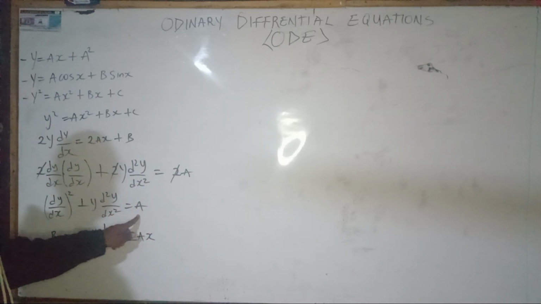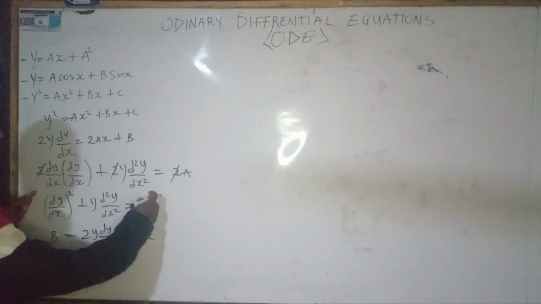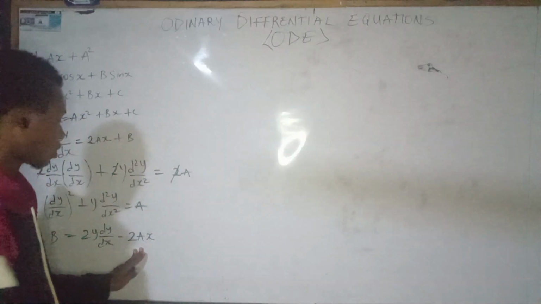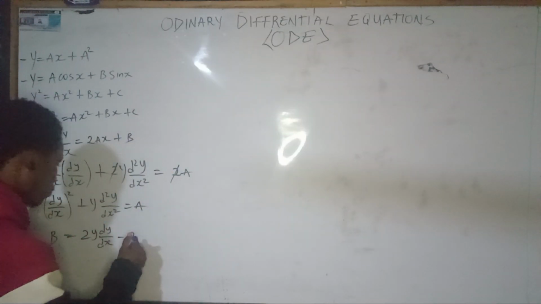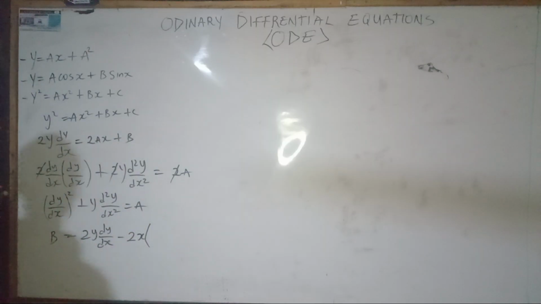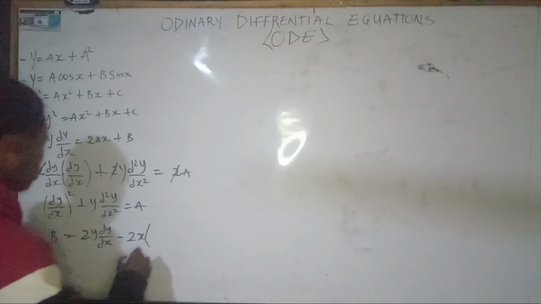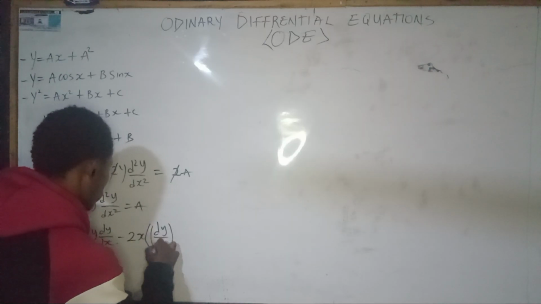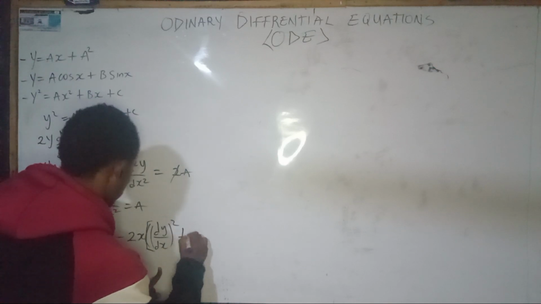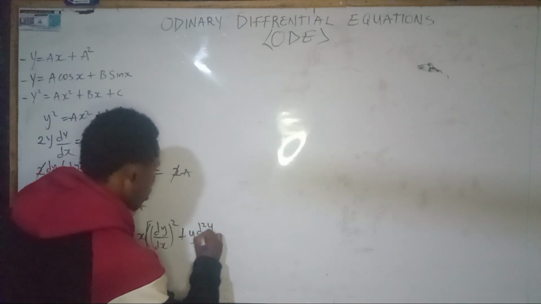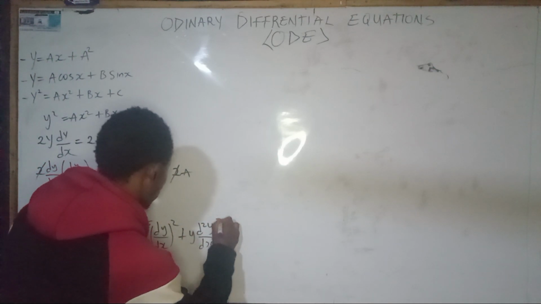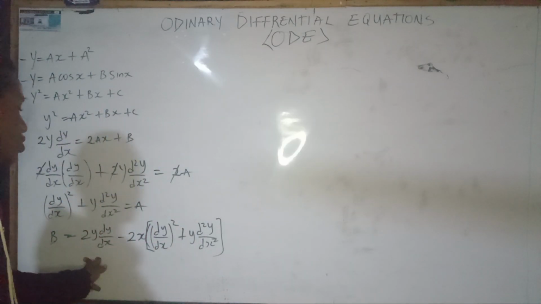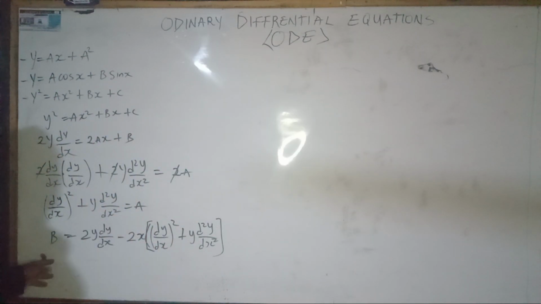So now we know that a is this, so we impute this value of a into this particular point here. So therefore we just have 2x into brackets everything that is here, which is (dy/dx) squared plus y d²y/dx². Now this is our value for b, and we have gotten our value for a and our value for b, so we just impute them into this equation here.